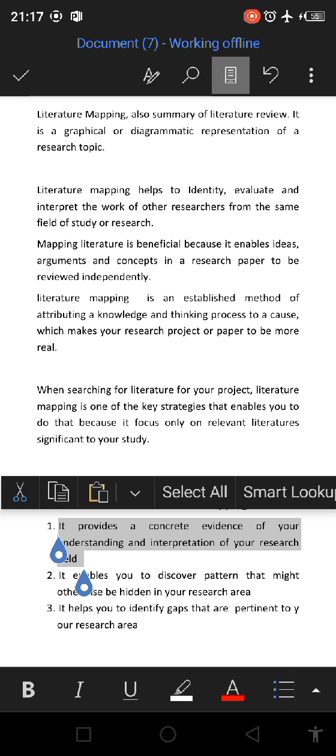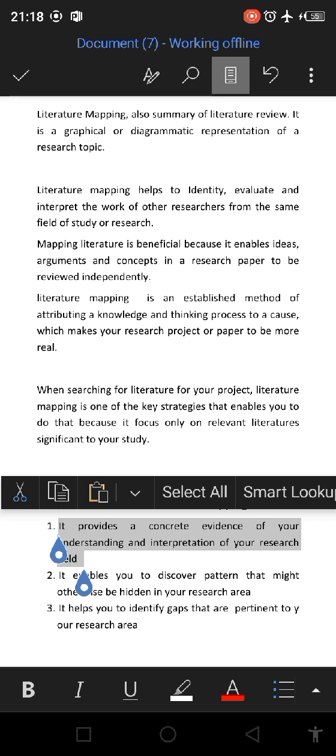You understand? For instance, if your knowledge about what you want to work on, before your literature mapping, at the rate of 1 to 10, is at 2. After your literature mapping, at least your level of knowledge will have increased from 2 to 6 or 7. You understand?